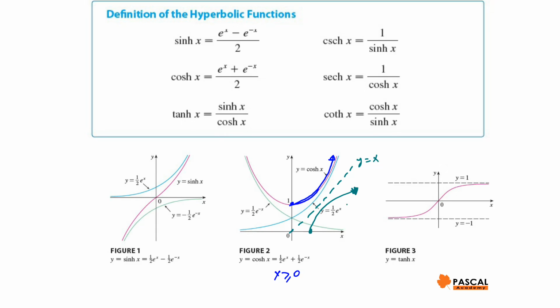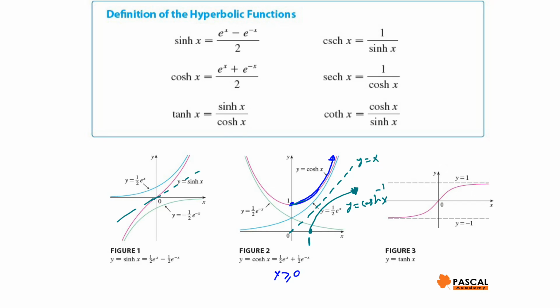This would be the graph of cosh inverse of x when x is greater than or equal to 0 on the original function. That means in cosh inverse of x, x is greater than or equal to 1 and y is greater than or equal to 0.